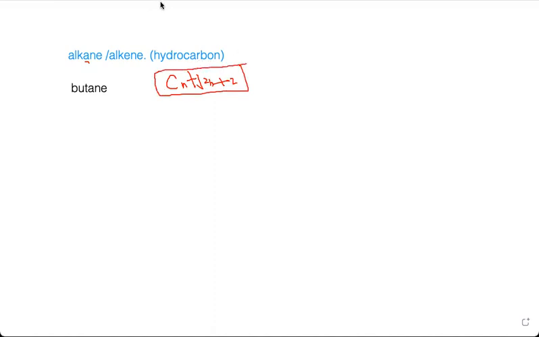So butane contains 4 carbons. So C4, H2n, so 2 times 4 plus 2, you are getting C4H10. This is the molecular formula of butane.